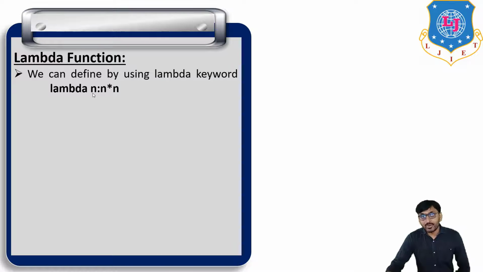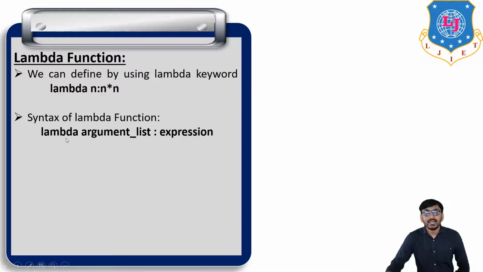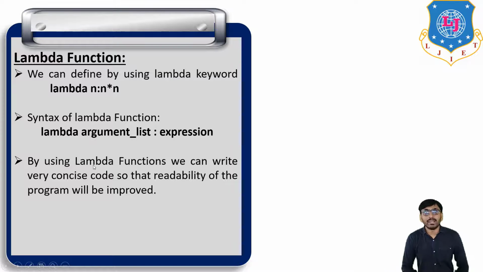It may be one or many, and this n into n is the expression of the argument. So the syntax of lambda function is lambda argument list x y z etc, and an expression within the arguments. By using lambda function we improve the readability of the program.